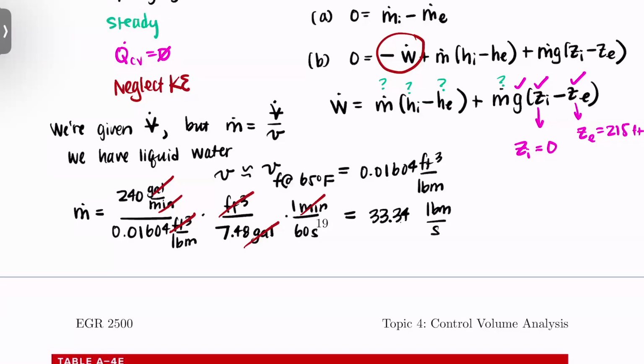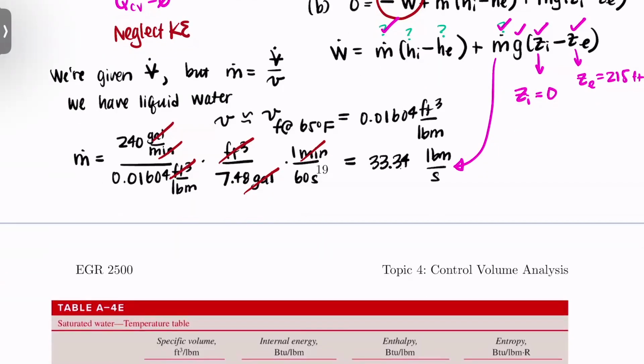All righty. Okay, so we now have M dot, so that's good, which is right here. The last piece that we need is HI minus HE. So we are going to use our specific heat equation for this.